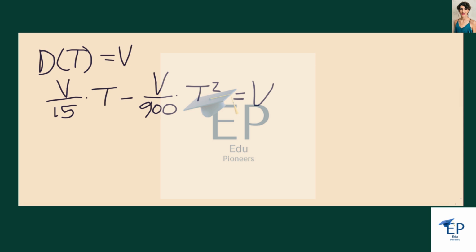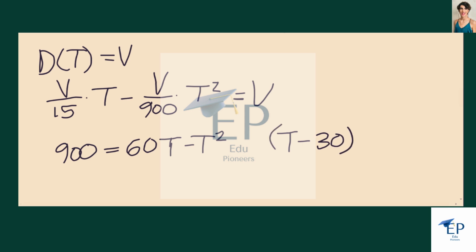Multiply through by 900 over v, and you should get 900 equals 60 T minus big T squared, which we can factor as big T minus 30 squared equals 0.